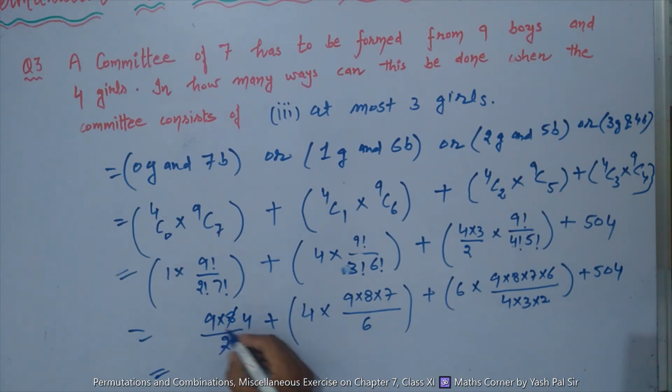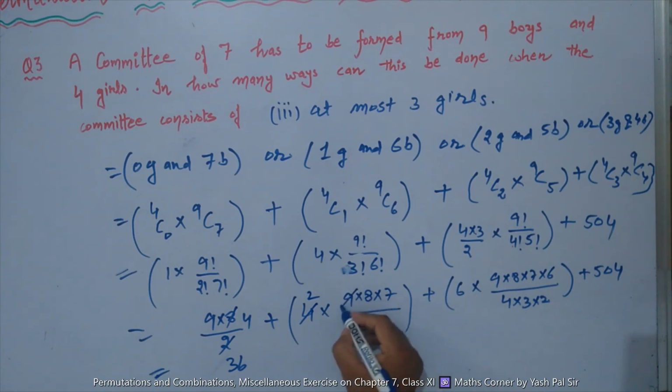4, this becomes 36, and this becomes here now 3 2s are 6, 2 2s are 4, 3 3s are 9.